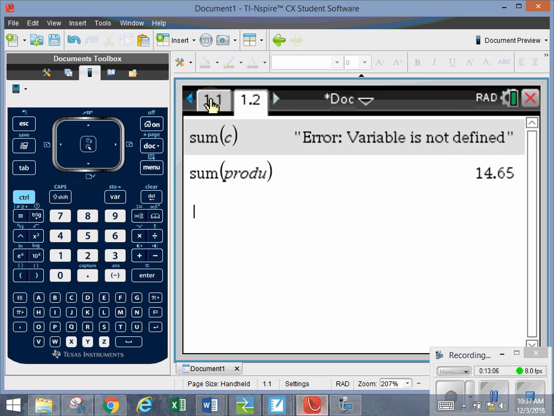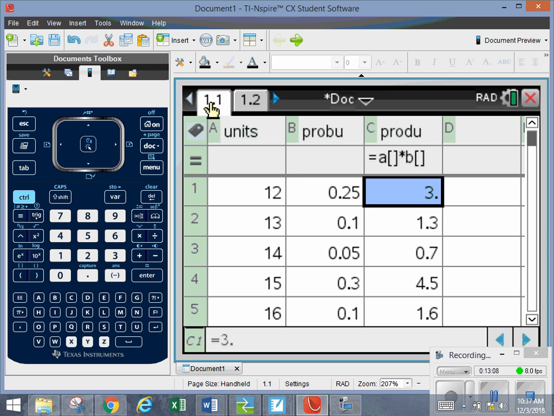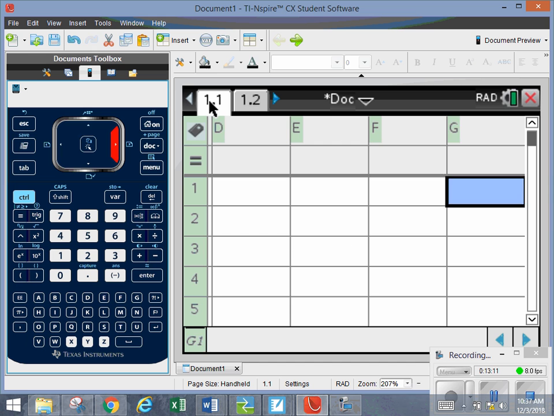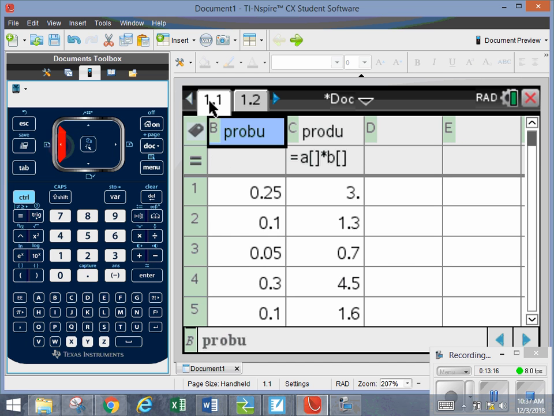So let's go back to our spreadsheet. And this one, we are going to call... Can you do the product times probability? I definitely can. So I'm going to go equals, and I'm going to put in the exact same thing.